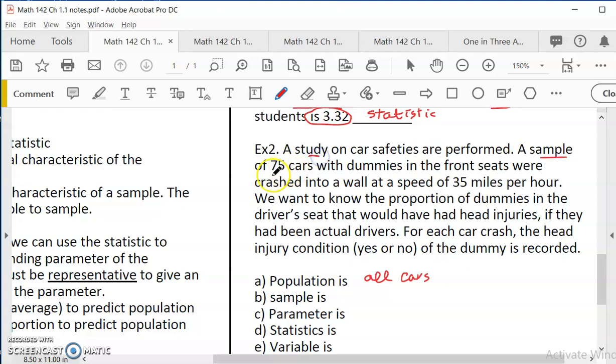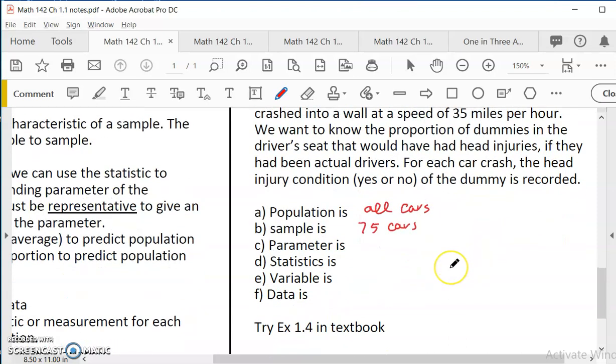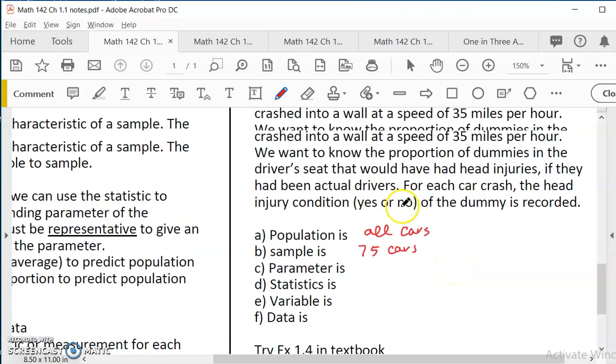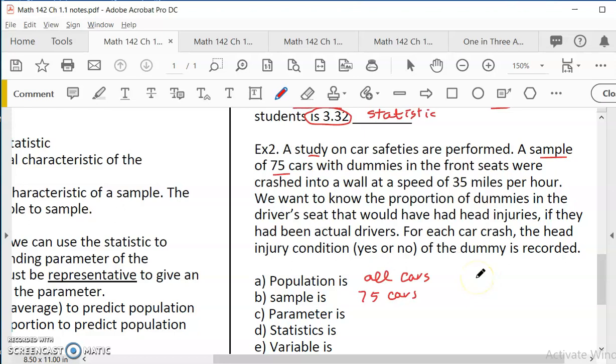The study used a sample of 75 cars. So how do they pick them? It is a sample. Are they representative? We don't know. What is the parameter? The parameter would be the percentage that has injury, right? Head injury percentage.